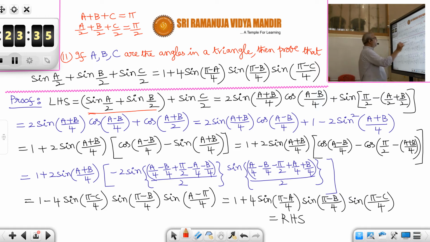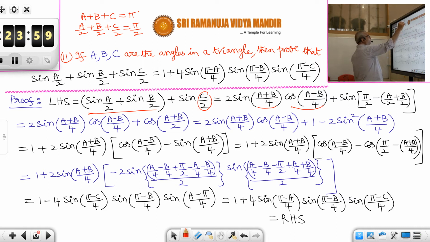What is sin C plus sin D? 2 sin((C plus D)/2) cos((C minus D)/2). So 2 sin((A/2 plus B/2)/2), that is (A plus B)/4, cos((A/2 minus B/2)/2), that is cos((A minus B)/4). This sin C/2 is outside.